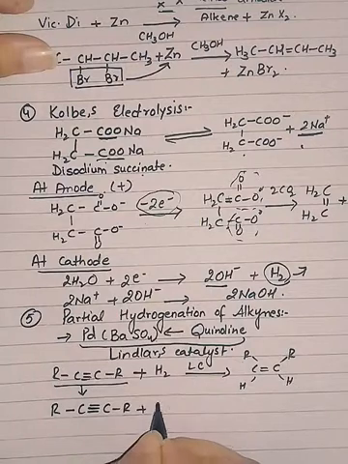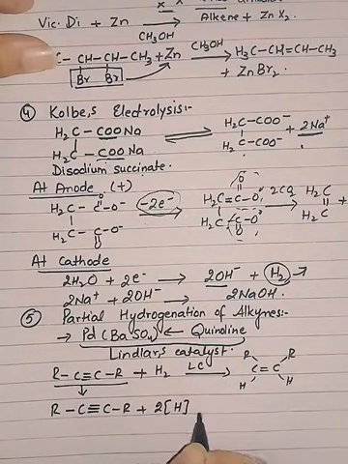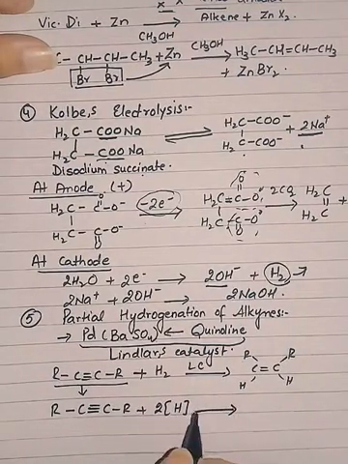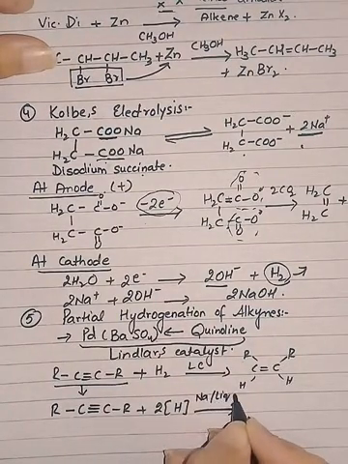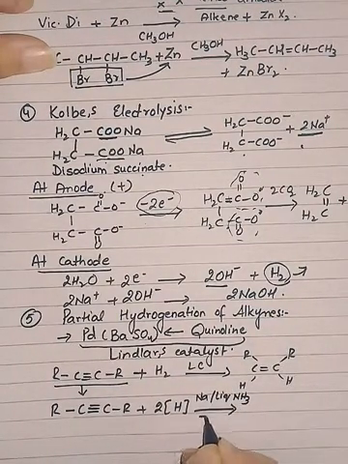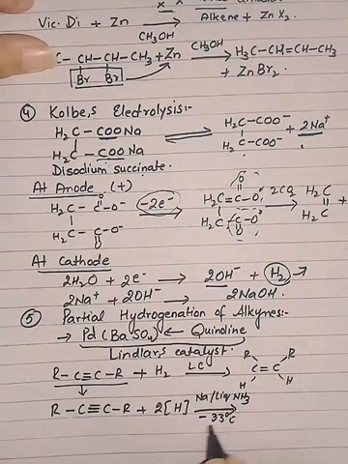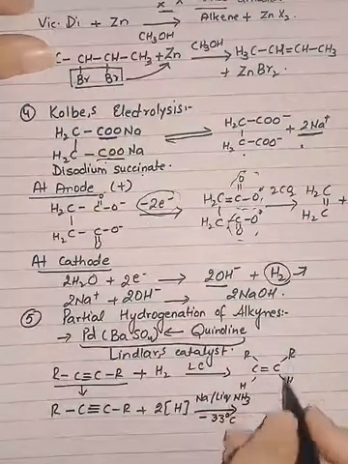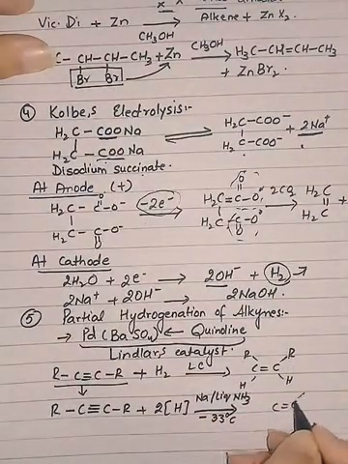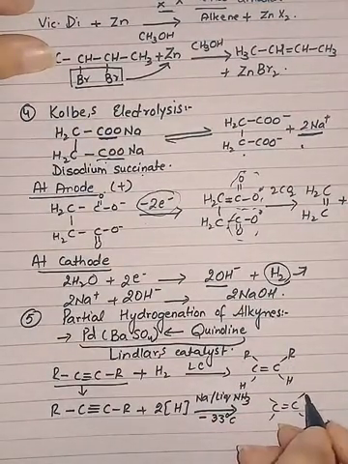We will use atomic hydrogen or nascent hydrogen. The reagent now will be sodium in liquid ammonia, and the temperature is going to be minus 33 degrees centigrade, and this will give you, this was the cis alkene, and now we will obtain the trans alkene.